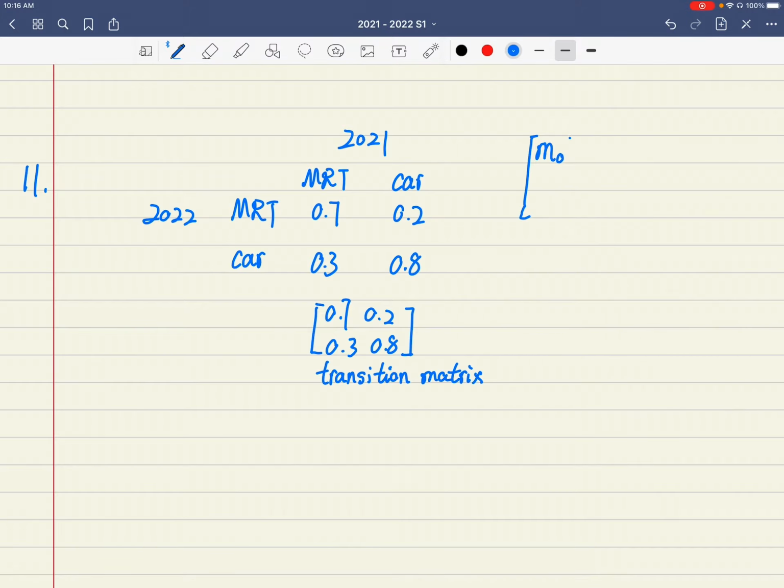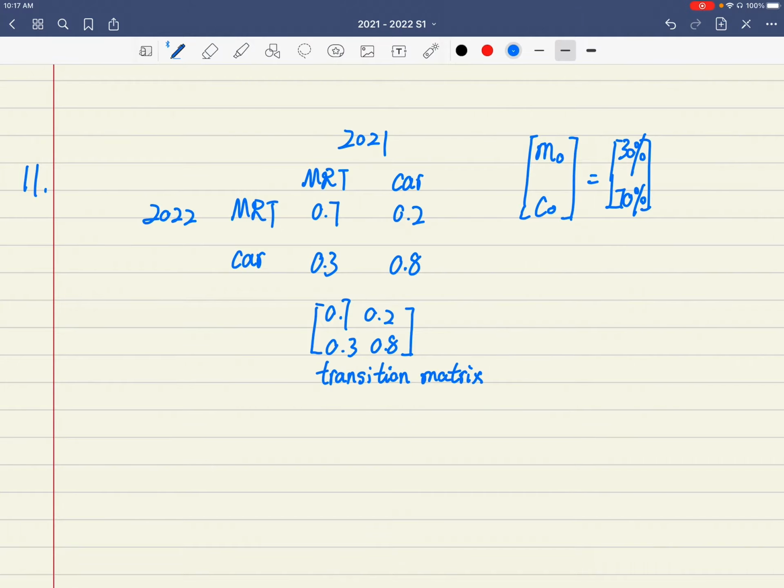In year 0, 30% of the total population are taking MRT, and 70% of them are driving cars.